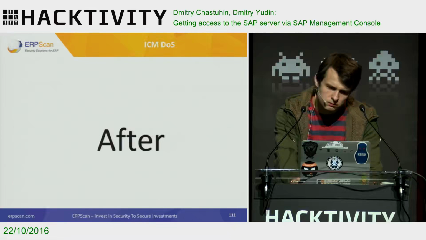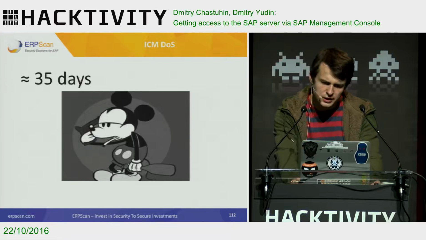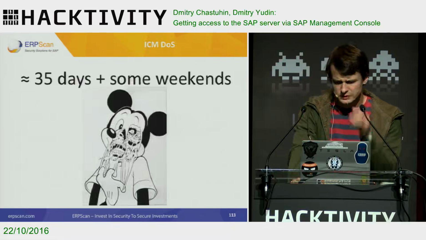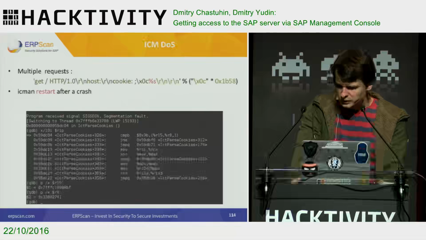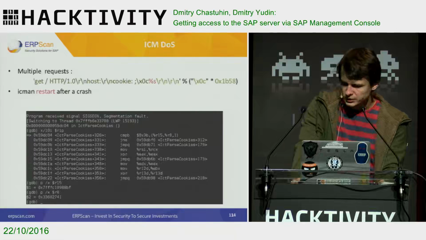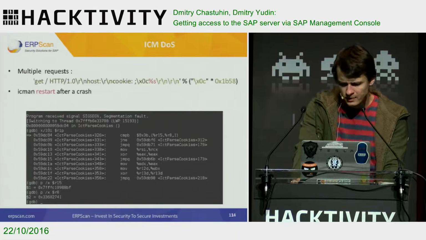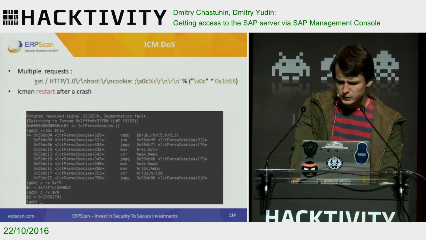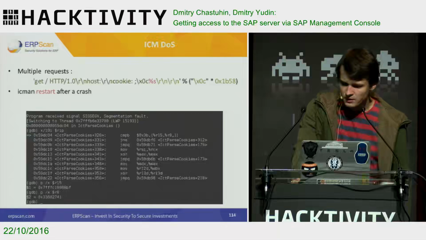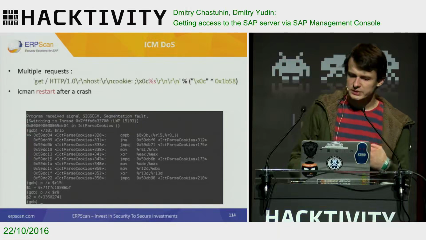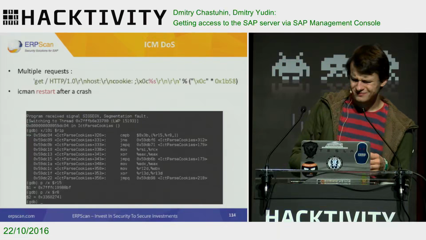But after 35 days and some weekends, we found an issue which allowed us to trigger a DOS attack. On the slide, you can see part of the requests which allow an attacker to crash the ICM process. And again, what's interesting, the ICM process restarts after the crash.